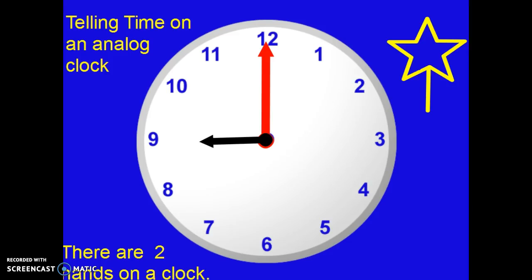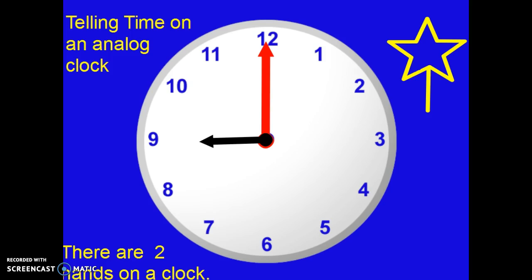So now we're going to work on telling time on an analog clock. On an analog clock, there are 2 hands. Okay? What do you notice about those 2 hands? Hopefully you'll say that one is shorter and one is longer. On this clock, one is red and one is black. However, on many clocks, they're both usually just black.